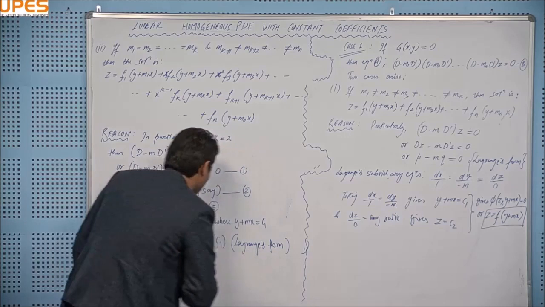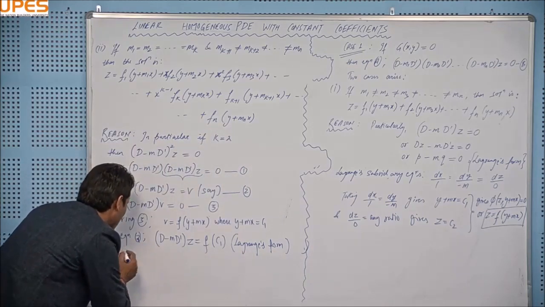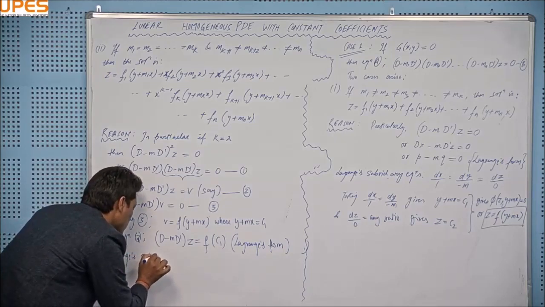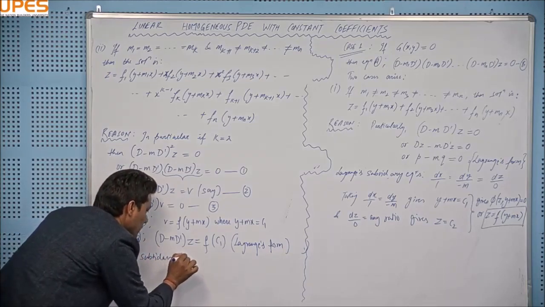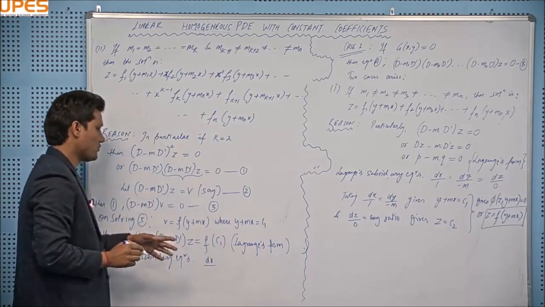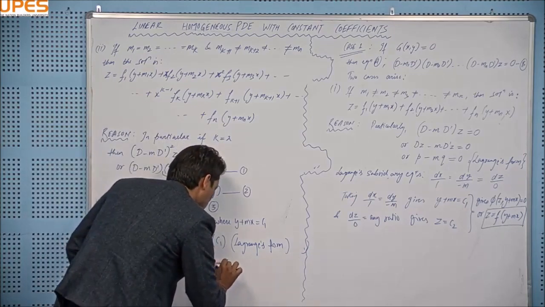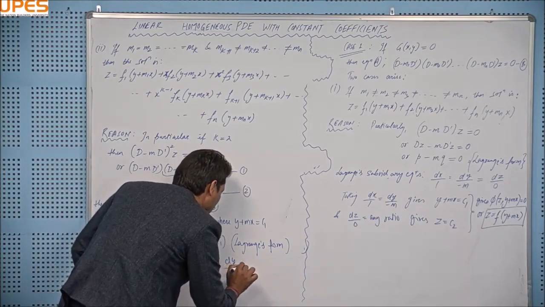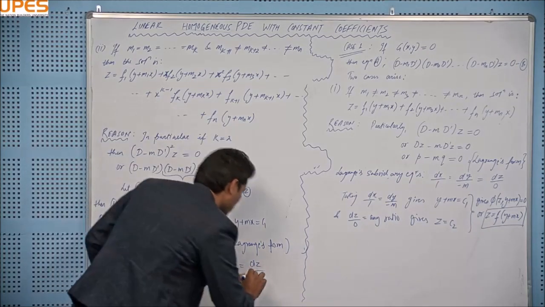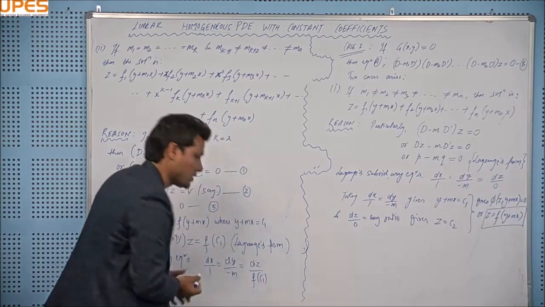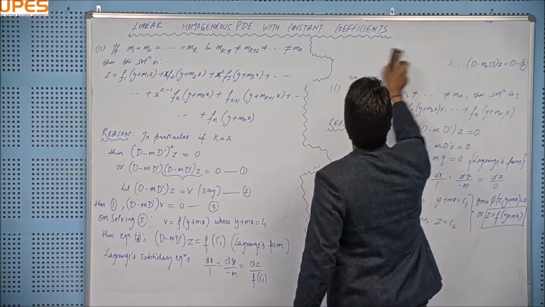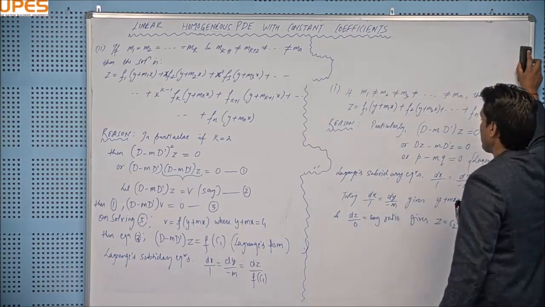So writing the Lagrange's subsidiary equations, I will get dx over the coefficient of small p, that will be 1, and dy over −m, and dz, this time the dependent variable is z, dz over f(c1). This was my first case.